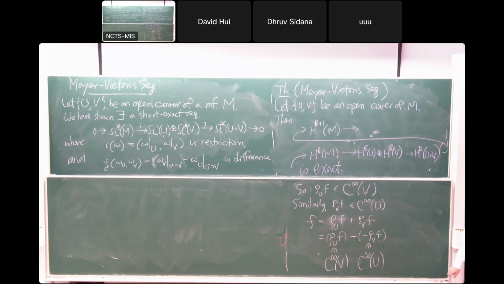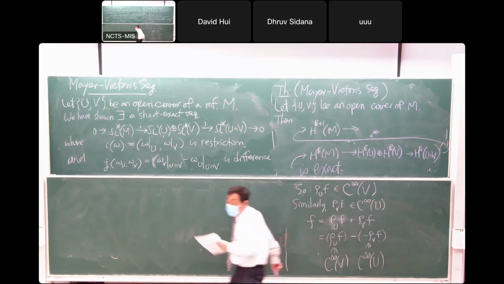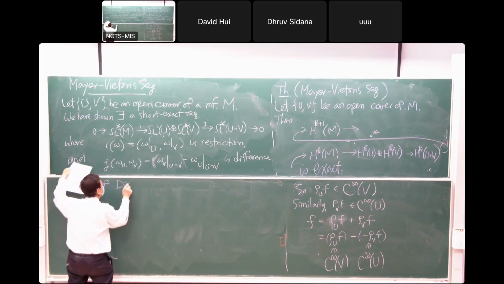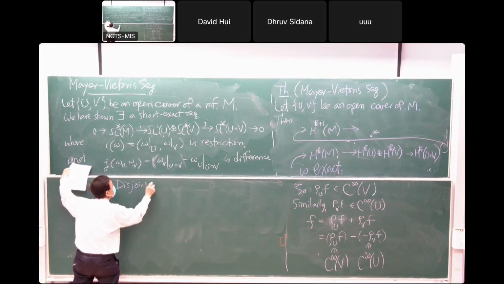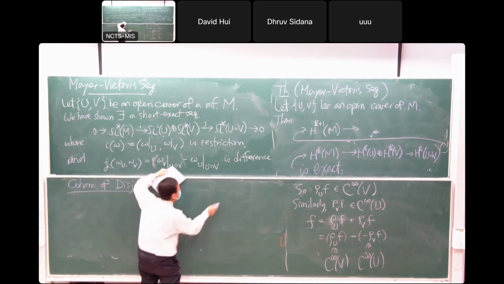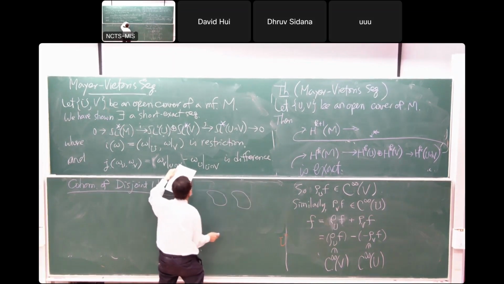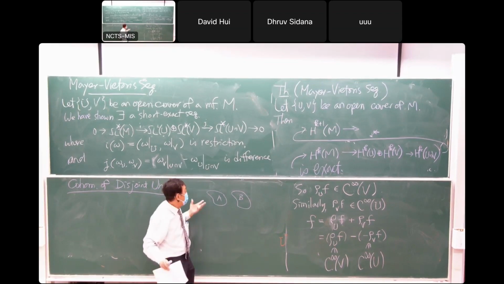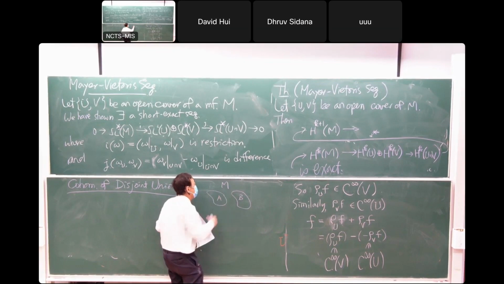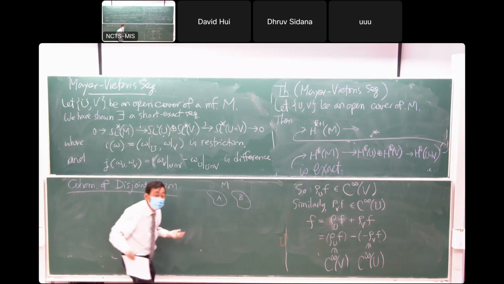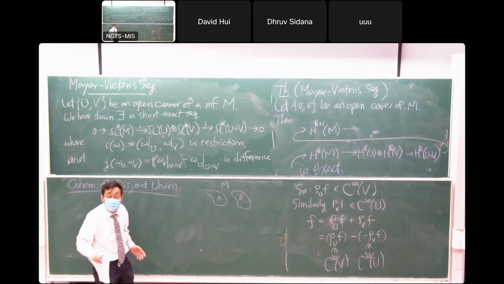So I'm just gonna state this as easy theorems. So the cohomology of a disjoint union: if your manifold has two components, say A and B, then a form on the manifold is just a form on A and a form on B, right? So it's just an ordered pair, and the differential acts independently.